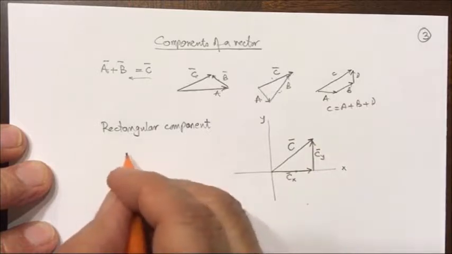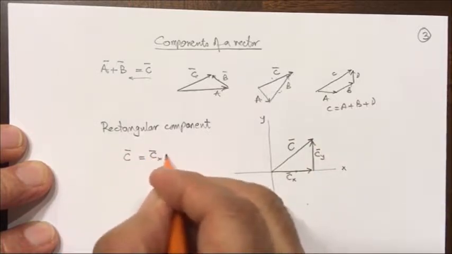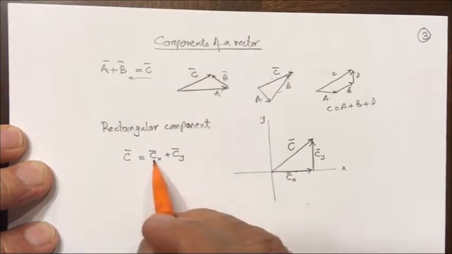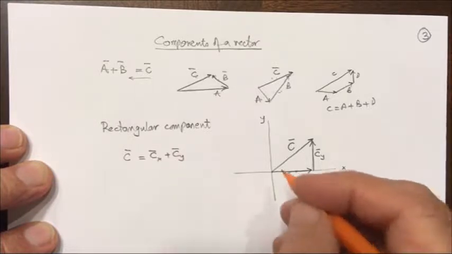And then we can say that our vector C is CX plus CY, both vectors. Now, we should also have a good way of finding CX and CY, and we do.